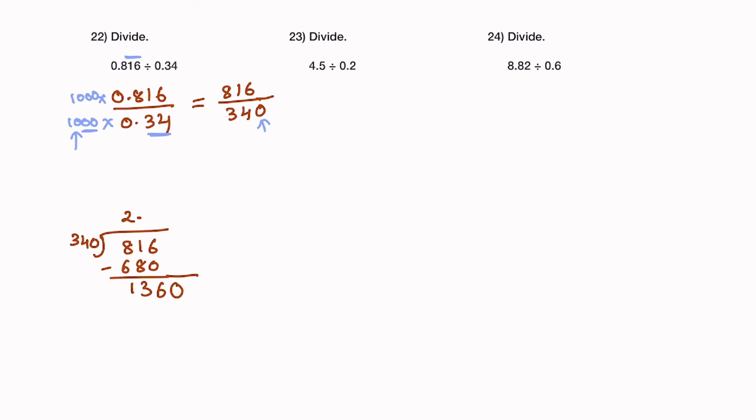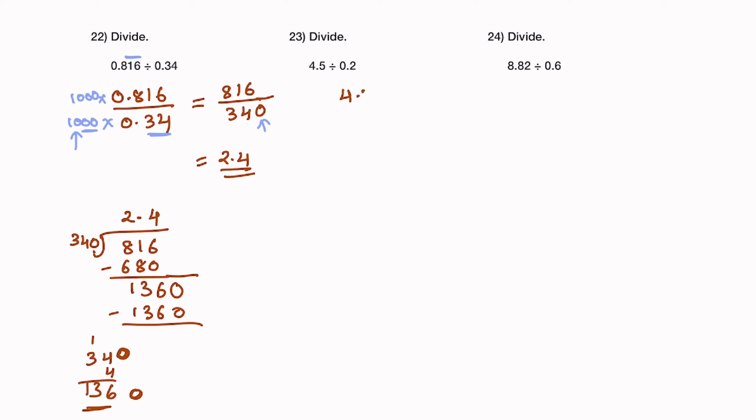So that's 13. So let's try with 4. How does it work? So we say 34 times 4. That's 4 times 4 is 16, 1 there. 4 times 3 is 12, 12 plus 1, 13. Exactly, this is what we want, right? So 0.4 there, and that's 1360. Now you don't say it's 136, it's not 1360. We have 0 here. We just took 34 and not 0 here, right? That's why if you had that 0, you would get the 0 here also. So the answer to this is 2.4.